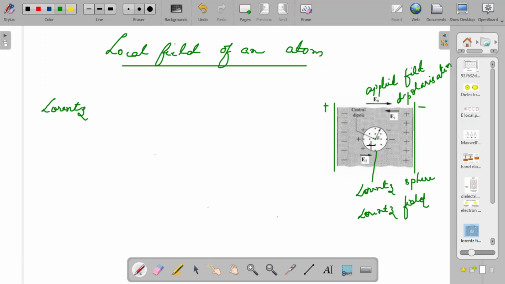Now what you have to consider is the field existing within the small microscopic area nearby this central dipole. There are many dipoles existing very near to the central dipole or the atom which you consider, and there are very small interactions taking place within the spherical cavity.